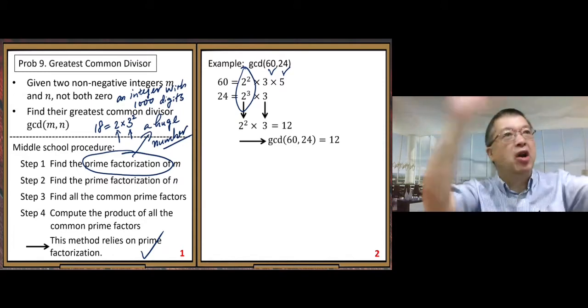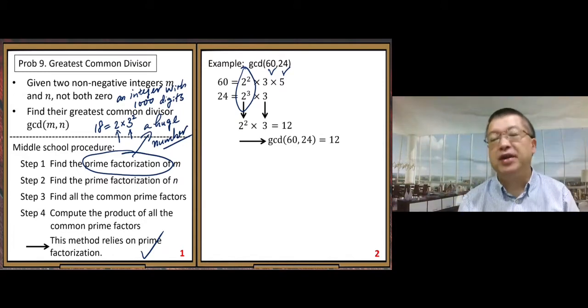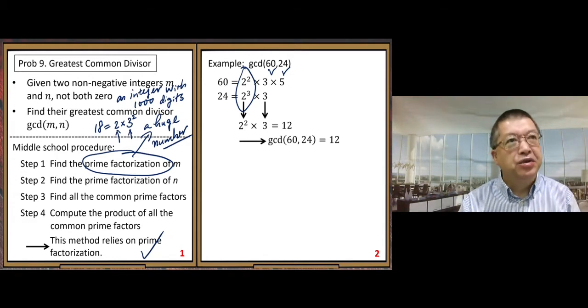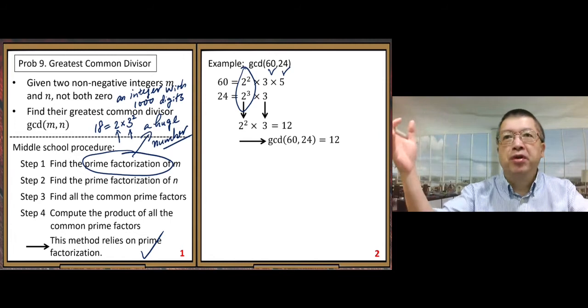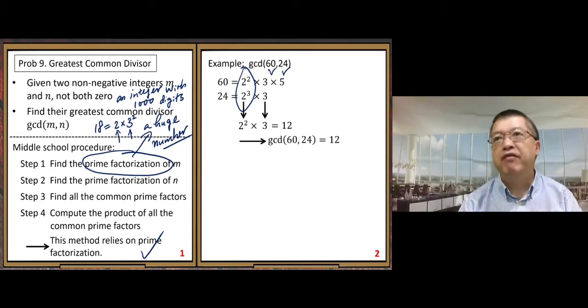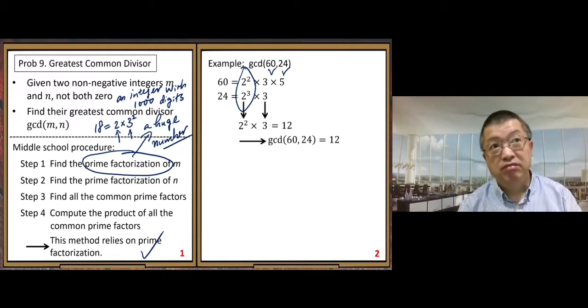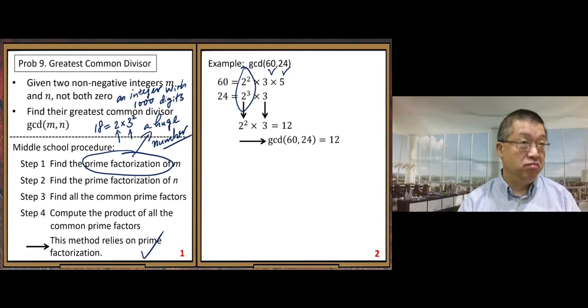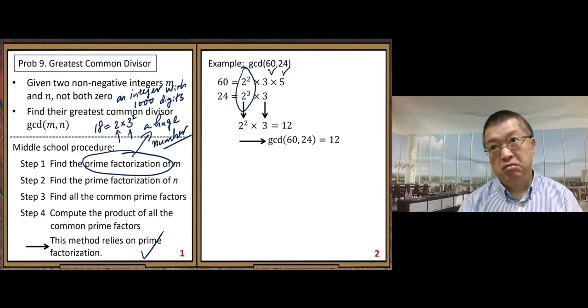Now you're allowed to use a supercomputer, the most powerful computer in the world, to do the prime factorization. Can you imagine how fast it is? In order to find the answer, you need many years to do it. Is it a good method? No.